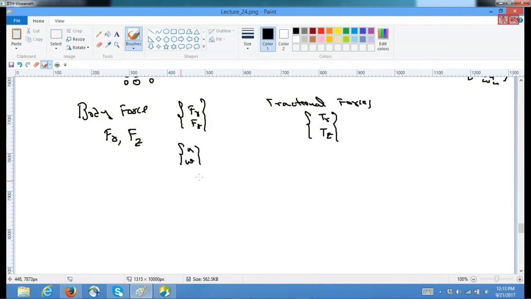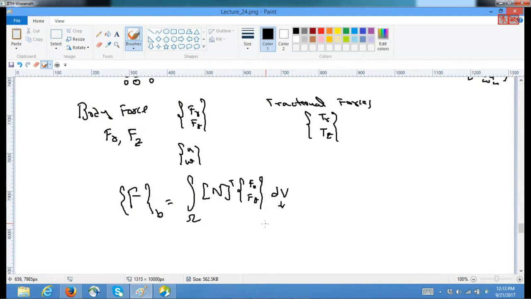So our total F body force is obtained by the integral over volume of N transpose times Fr, Fz dV.